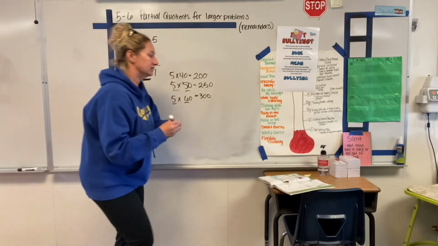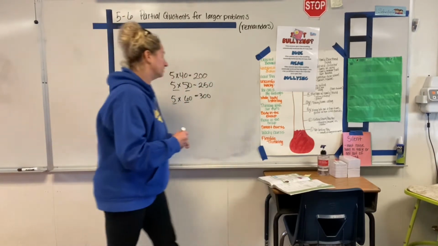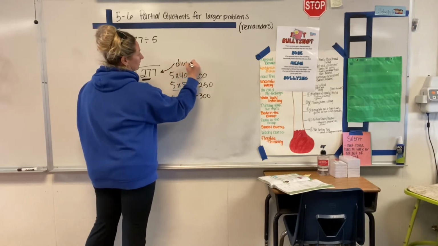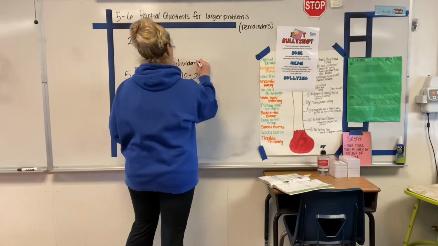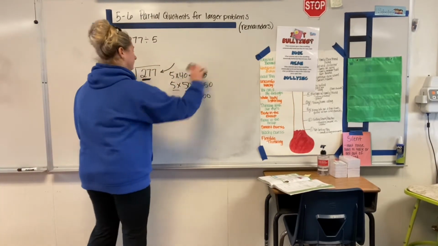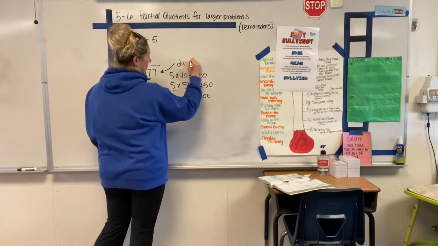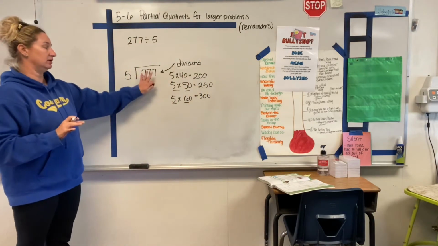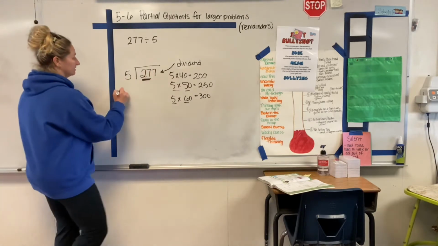Oh, you know what I wanted to do so that I'm using the vocabulary with you? The number inside the box is called the dividend. Did I spell it right? That's probably hard for you to read. So if I say dividend, that is referring to the number inside the box. That's the number that's being divided. And then the divisor is the number outside.